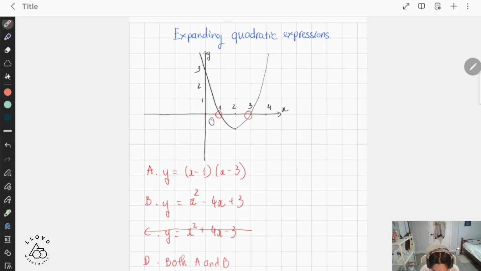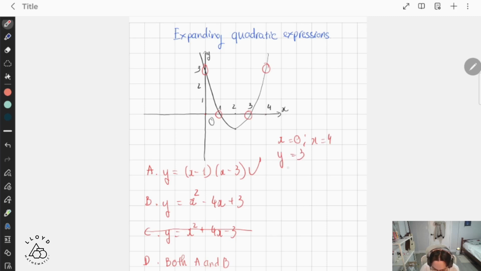We have two zeros here, which are 1 and 3, and we can see that A is a little bit correct in terms of the zeros. How about we test these points: x equal to 0 and x equal to 4, where y needs to be 3.